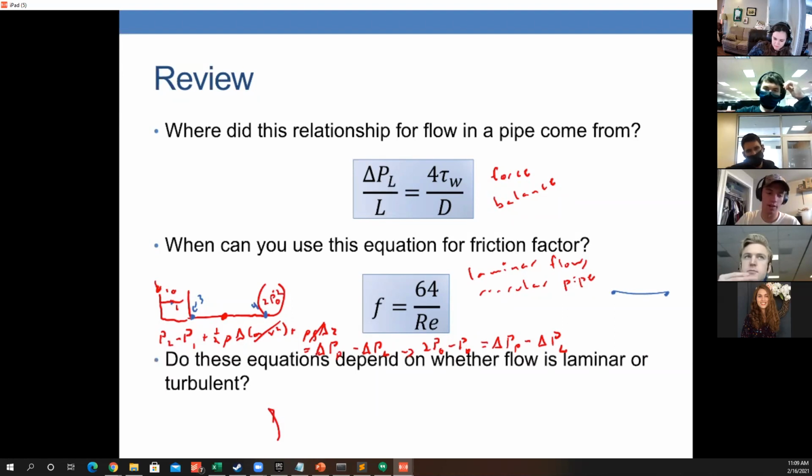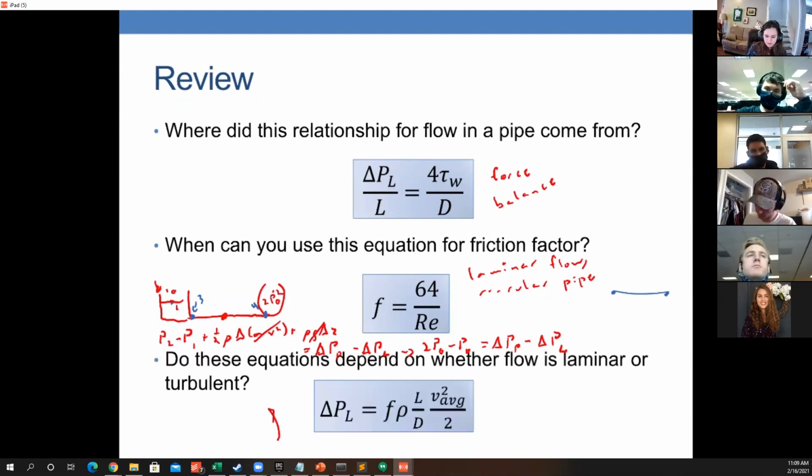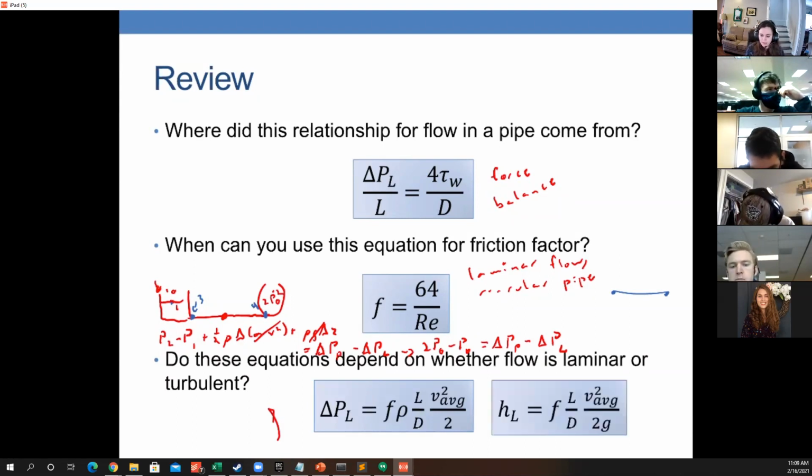Okay, so we also presented this equation here for pressure loss as a function of the friction factor. And then this one, which is just pressure loss expressed as a head loss. So do these equations depend on whether flow is laminar or turbulent? Aren't both of these only for laminar flow?